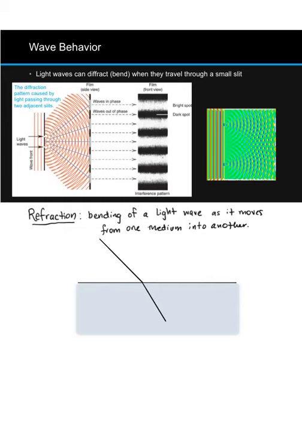So as light travels from one medium, say air, into another, like water, it bends, it changes course. You've seen this in action if you've ever placed a straw in a glass filled with water and looked at it side on. Perhaps you've seen something that looks like this picture.